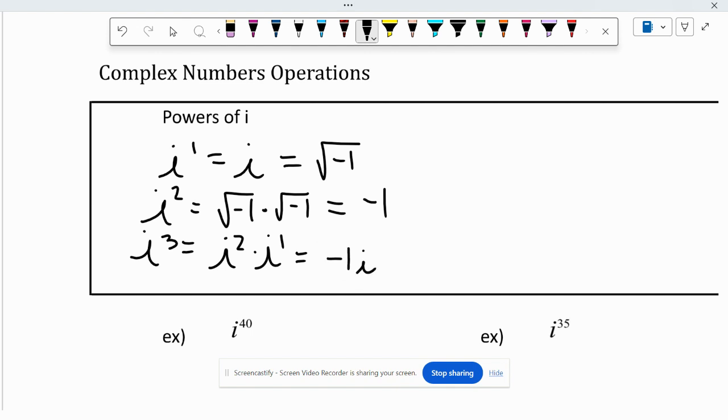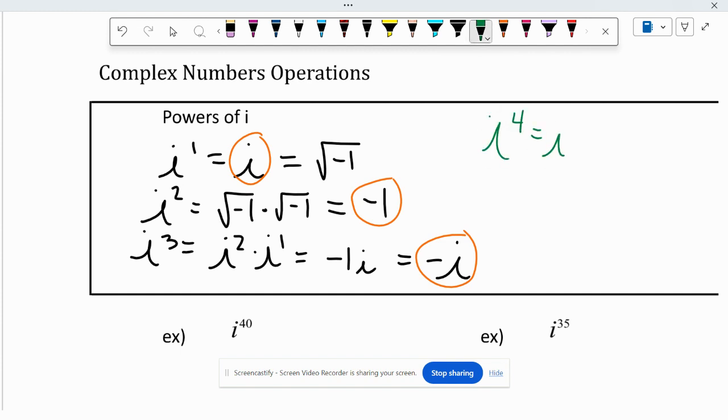So that's why it equals -i. So we have i, -1, -i. And then when I think about i to the 4th power, that's i squared times i squared. But I know i squared is -1, and -1 times -1 is +1. So these are how your powers of i work in increments of 4, multiples of 4.